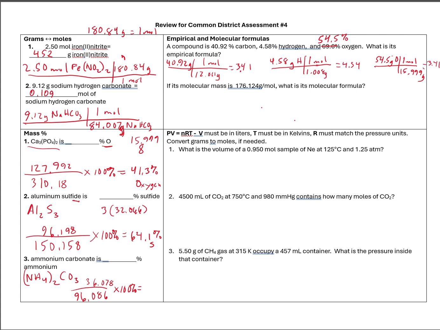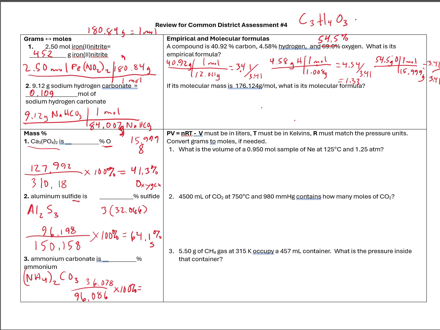All right, as you can see, when we divide by the smallest, we're going to end up with a 1.33 on the hydrogens. We're going to have to triple everything, therefore, so this formula becomes C3H4O3.